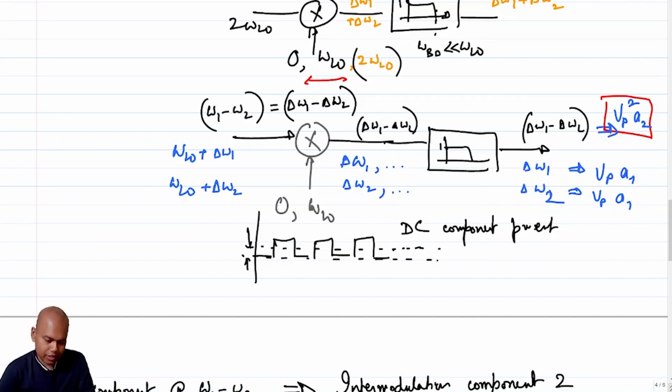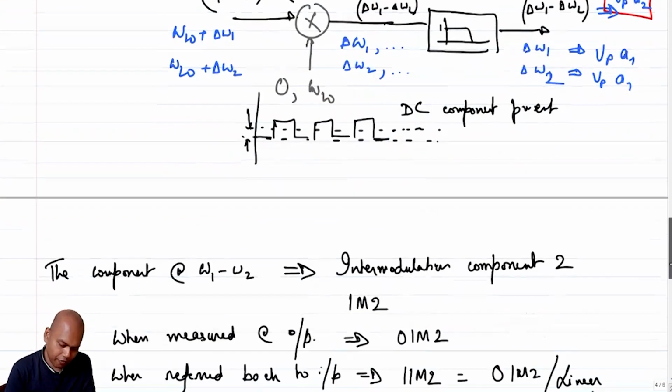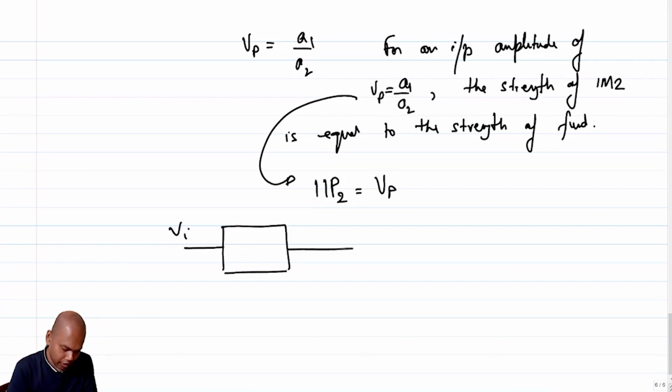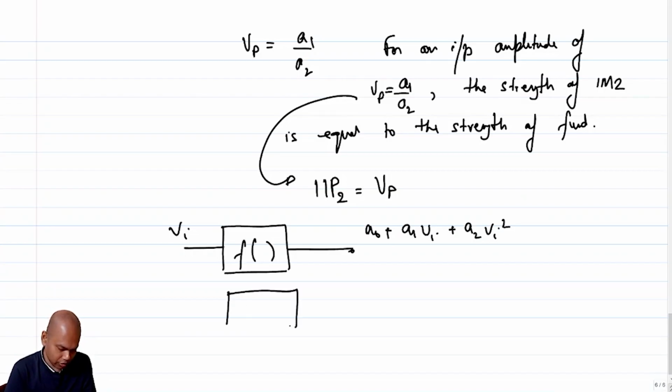Similarly, in general, if you have a differential signal, the point I'm making is, let's say this is Vi, and I know that the output is A0 plus A1 Vi plus A2 Vi squared. So I take another copy of this function.